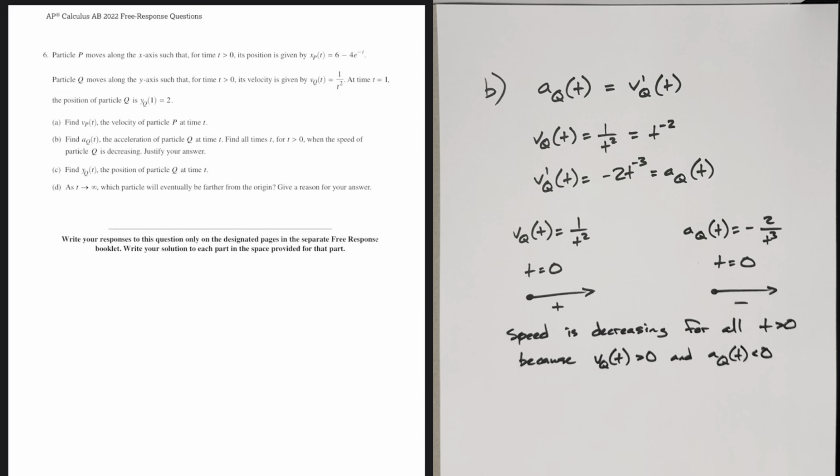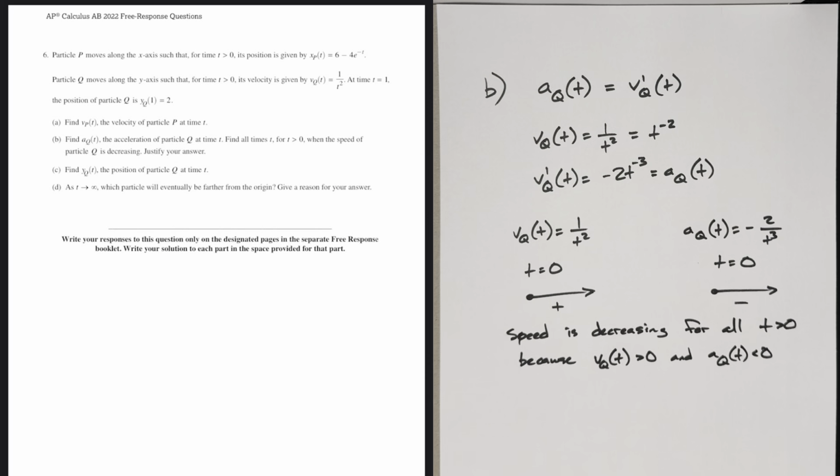And that would be my justification to this question, which I think is all that you need. So because they're opposite signs, that's your answer. Okay? So that is the correct answer to part B.